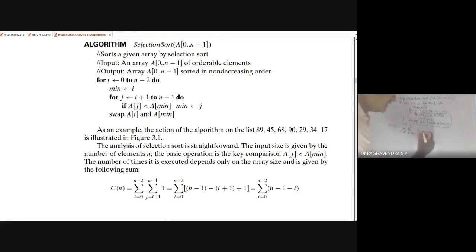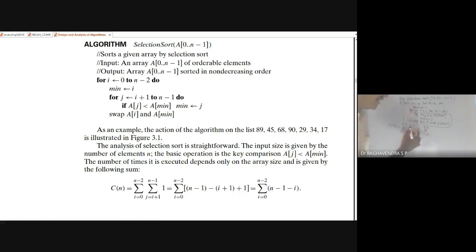How to simplify this? Note. First, you solve the inner sigma. The outer sigma remains as it is, sigma I equals 0 to n minus 2. Now you know that the summation of 1 from lower bound to upper bound is upper bound minus lower bound plus 1. I have given the formula in the previous class. Will you remember that?